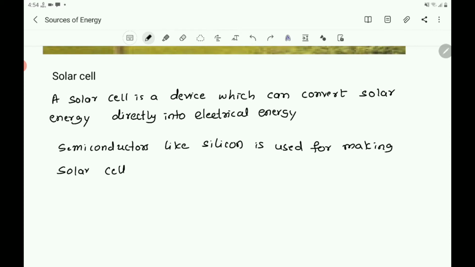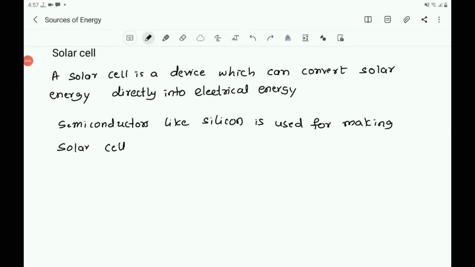Semiconductor means whose conductivity lies between metals and non-metals. Silicon's conductivity is less than the metal and more than the non-metal. You know that metals are good conductors of electric current and non-metals are bad conductors of electric current, but the conductivity of silicon is less than metal and more than non-metal. Means its conductivity lies between metals and non-metals, so they are called semiconductors.